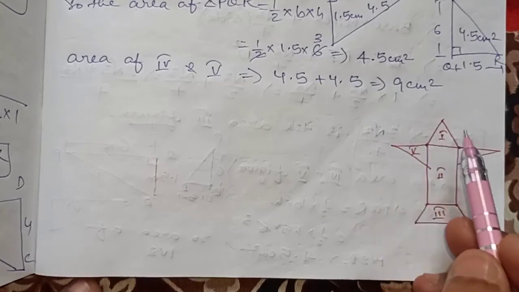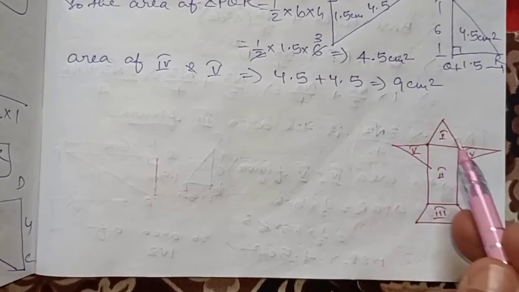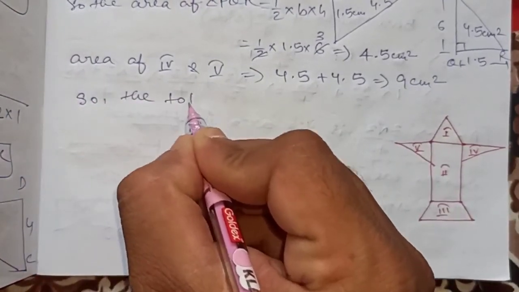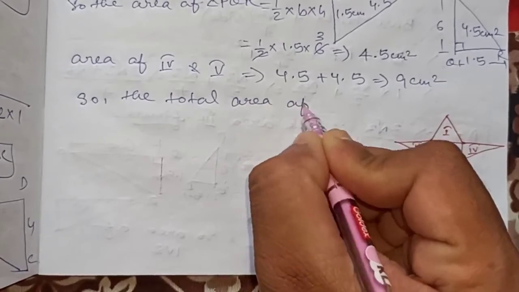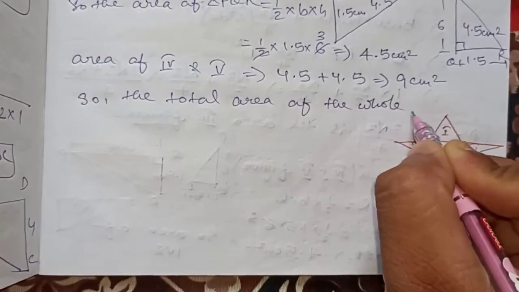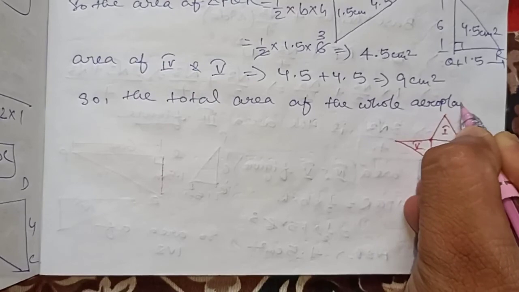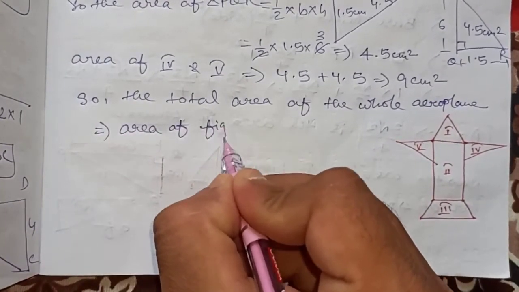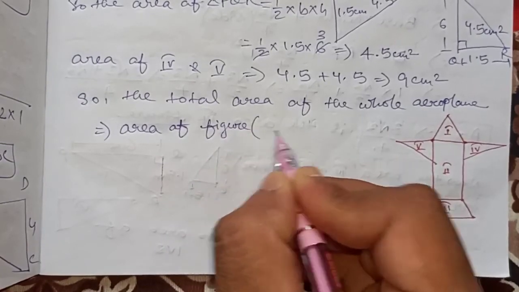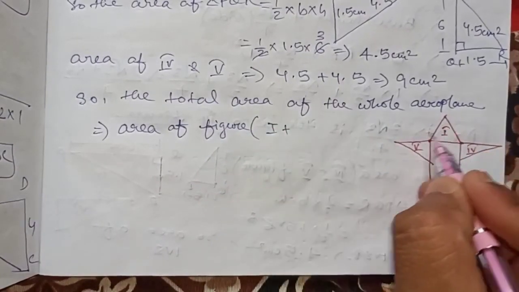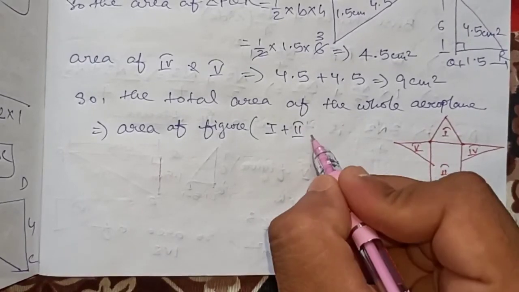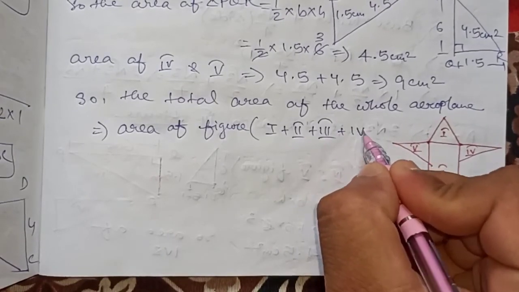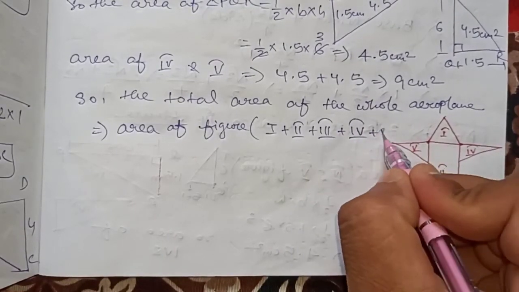I have just drawn a rough diagram for you so that you will be able to understand the total area. The total area of the whole aeroplane is the area of figure, how many figures are there? 1 this area, plus 2 this area, plus 3 this bottom area, plus 4 this right side area, plus 5.